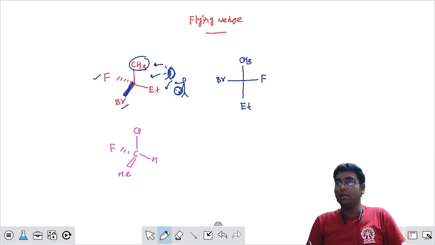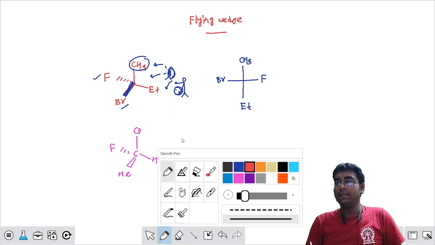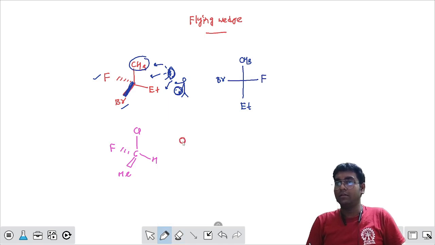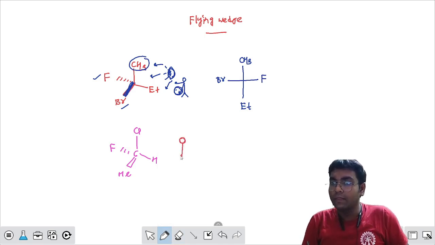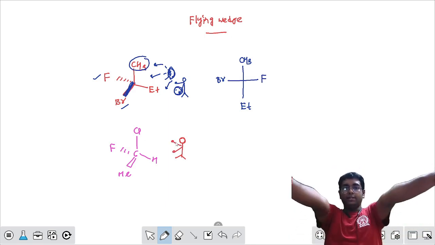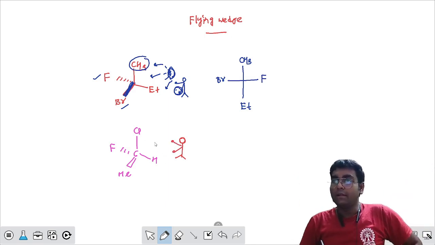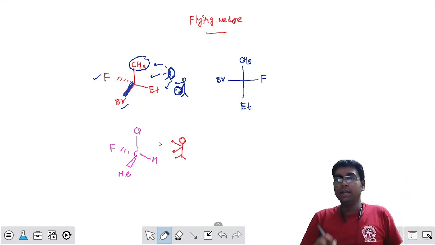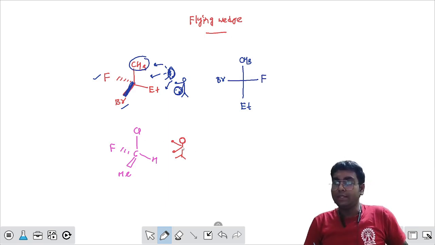Now this guy is seeing this molecule from this side. The same guy, let's make his left hand side like this one, right hand like this one. So he's standing like this. Now what he will see is that in front of him his body is lying over this bond.